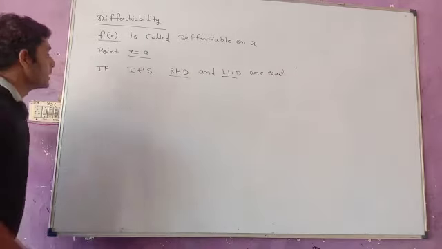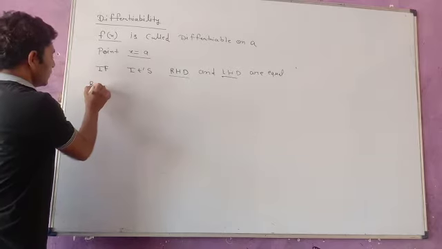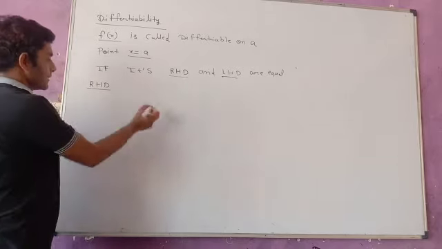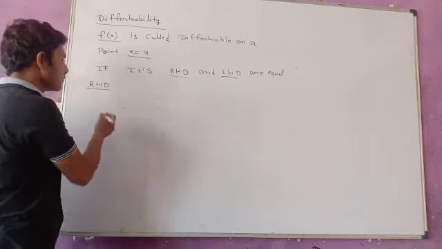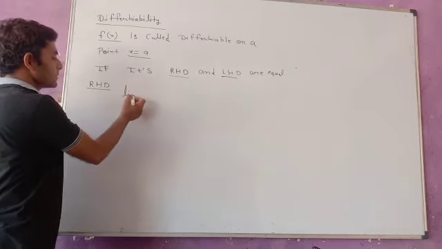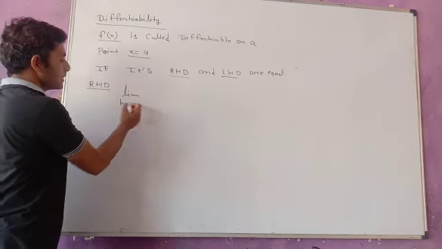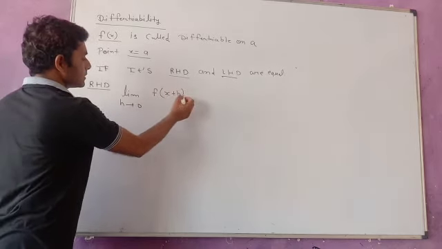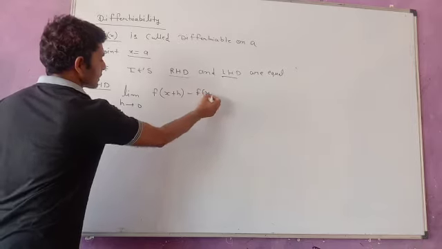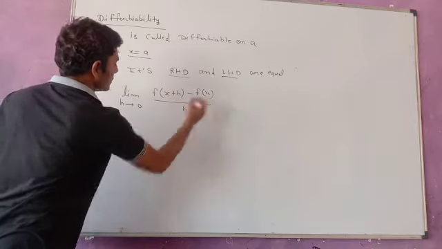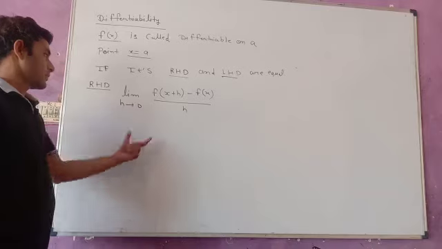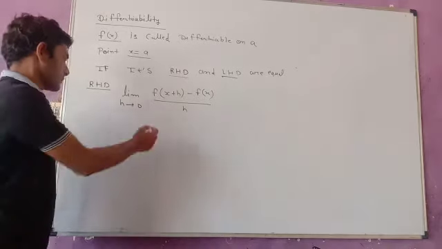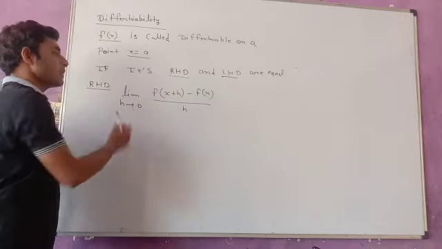Okay, we know that the formula for right hand derivative is limit h tends to 0 of f(x plus h) minus f(x) divided by h. We call this the formula for right hand derivative.